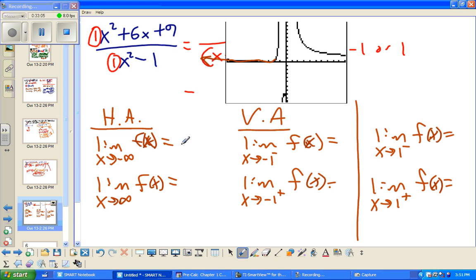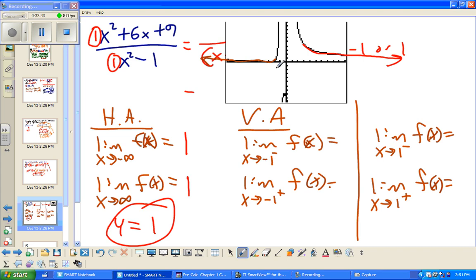So as you go to the left, you are approaching 1. And as you go to the right, the same thing is occurring. You head to the right, you actually are getting closer and closer to the value of 1, but you're not going to actually hit it. That means that y equals 1 will be a horizontal asymptote.